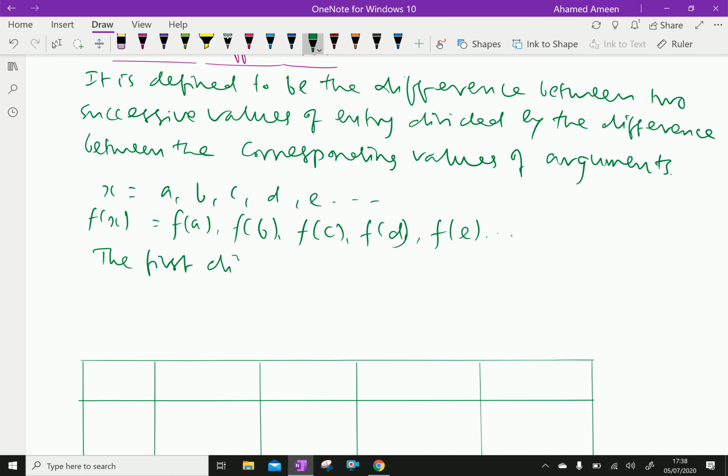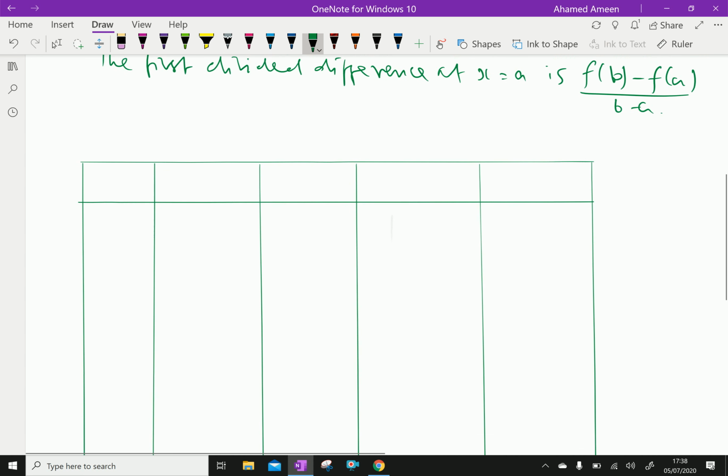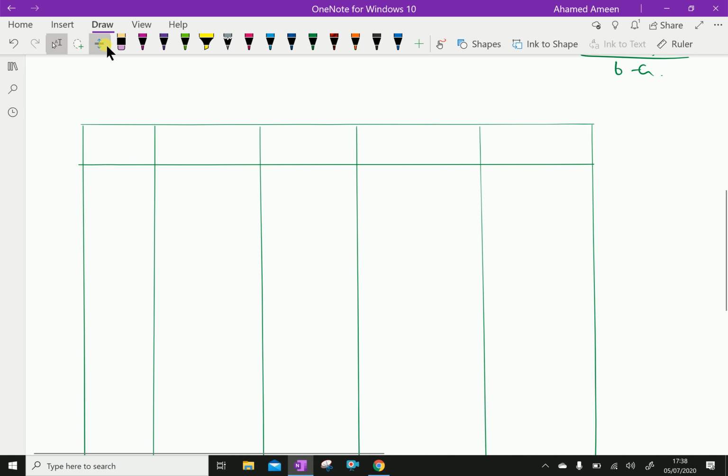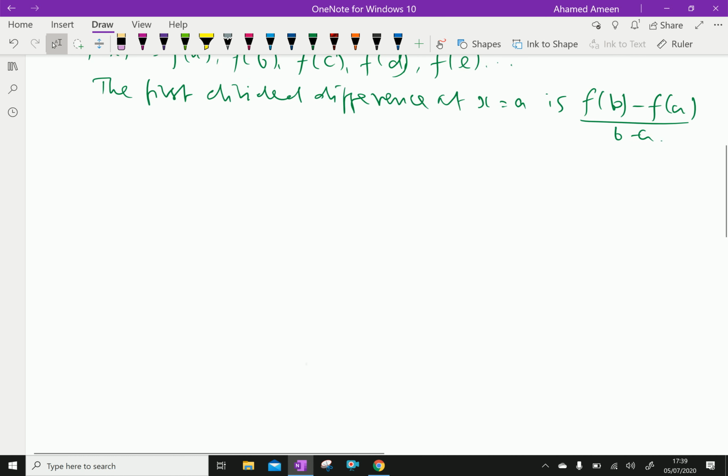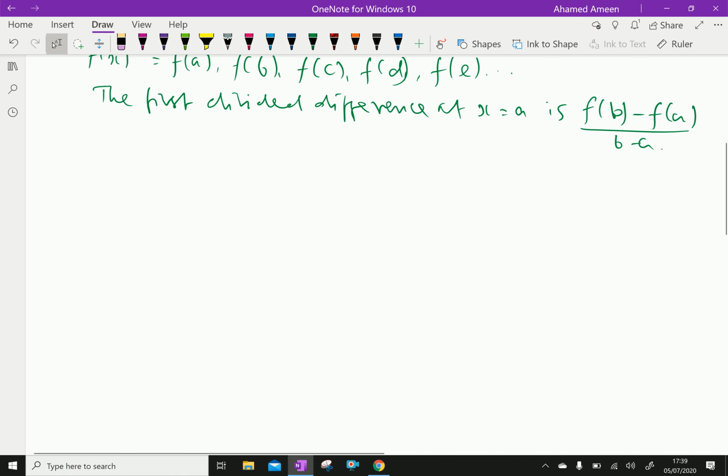Now the first divided difference at x equal to a is f of b minus f of a over b minus a. For the other corresponding values we'll do the same.